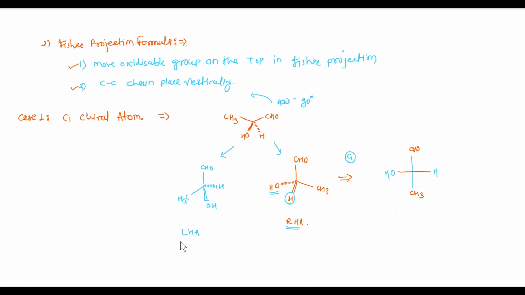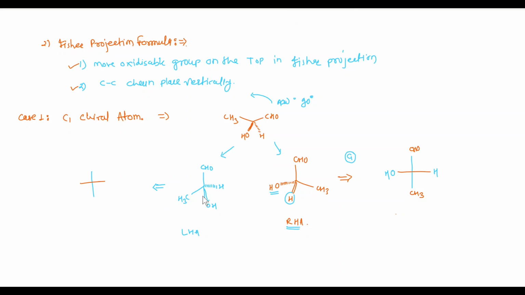Similarly, we can write the dotted wedge line formula of a left-handed angle molecule into the Fischer projection formula. For drawing the same molecule, we have to apply the same rule. First of all, we draw the plus sign in which the groups which are in the plane in the molecule we write on the vertical line, and the groups which are below and above the plane we write on the horizontal line.